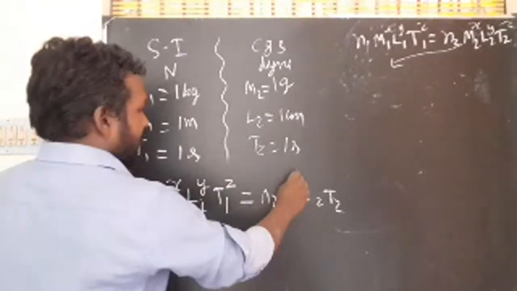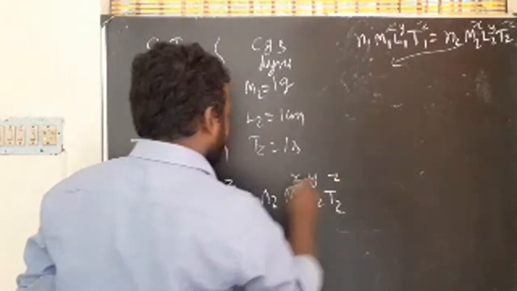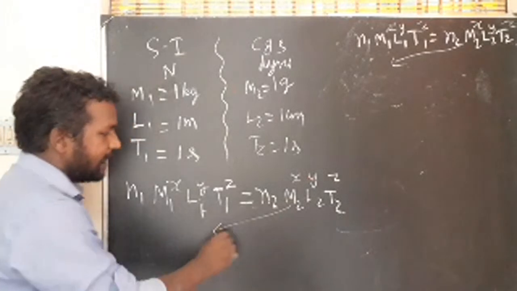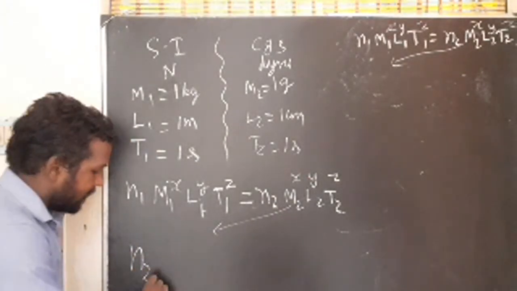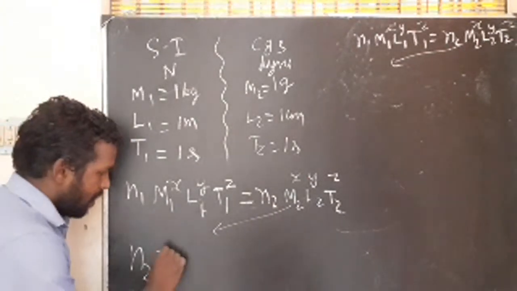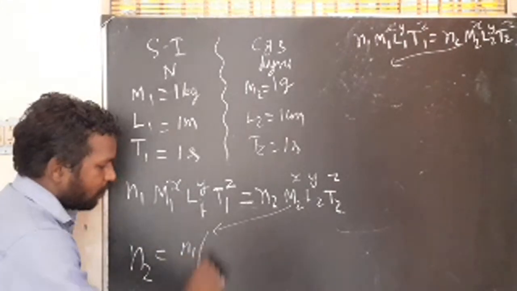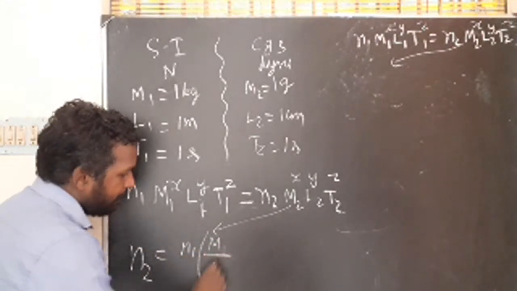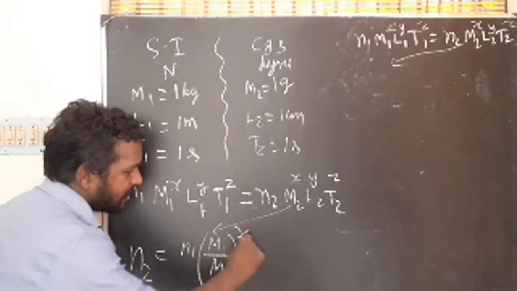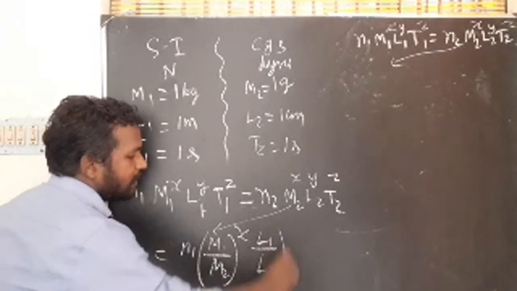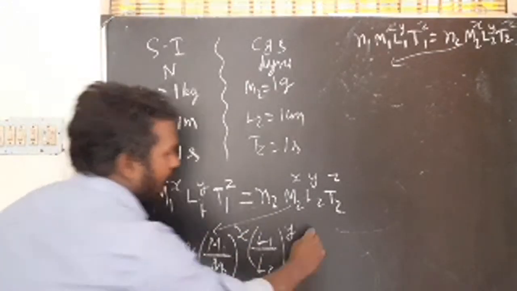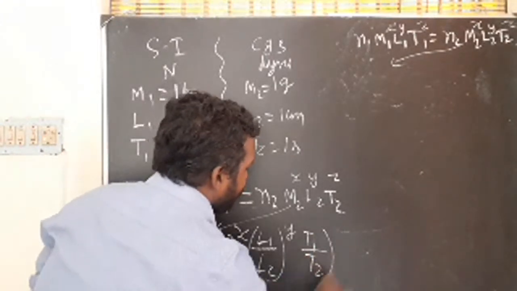I am making them together. This I am bringing as a denominator, so I am finding how many dyne. So N1, that's going to be the Newton, is M1 divided by M2 to the power of x, L1 divided by L2 to the power of y, T1 divided by T2 to the power of z.